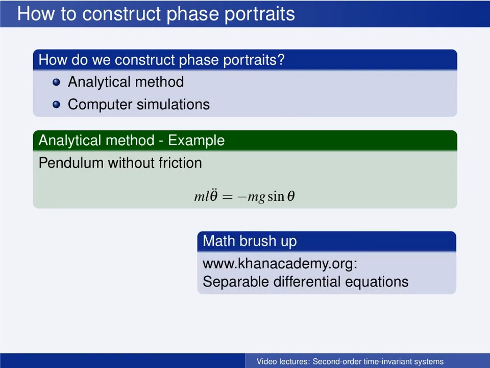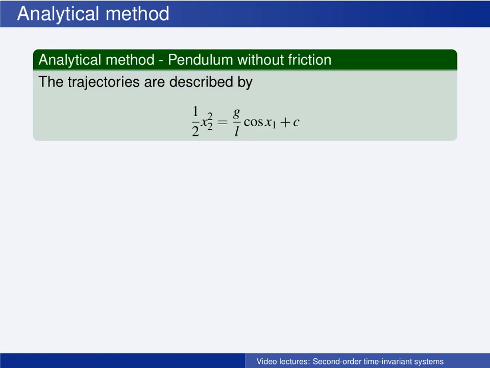If you need to brush up on separable differential equations, you may have a look in your calculus book or see Khan Academy. So for each initial condition, we get a constant number c, and the corresponding equation describes the trajectory of the system, and we can thus draw a family of trajectories, that is, a phase portrait.